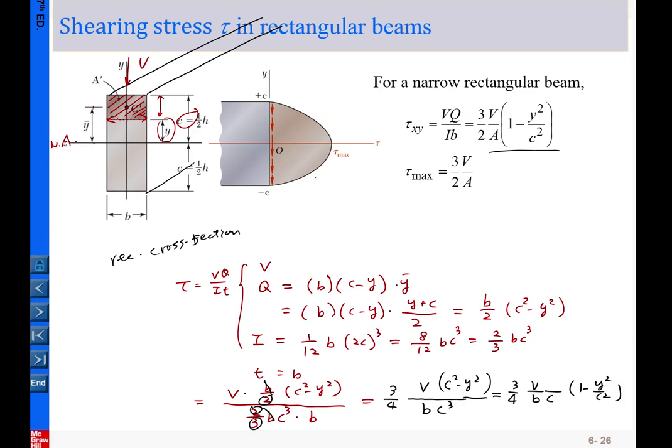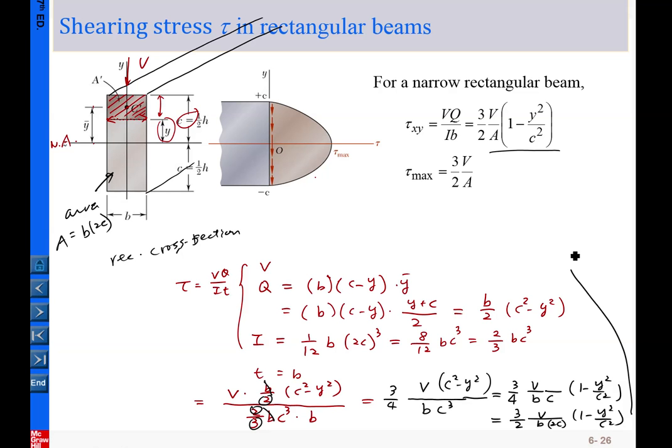And what is bc? If you go back to the cross section, the area equals b times 2c. So basically it is 3/2 times V over b times 2c, times 1 minus y squared over c squared.